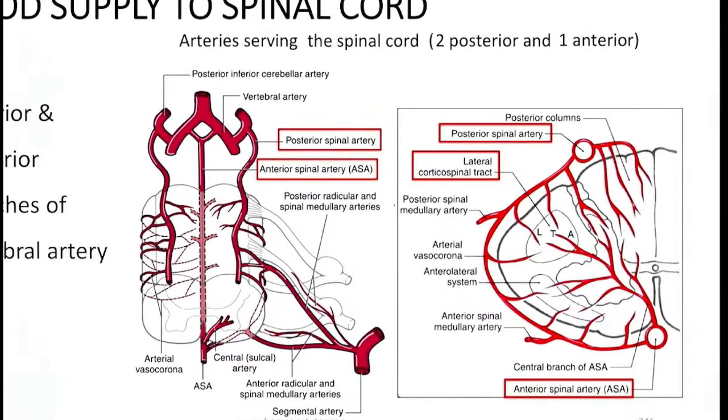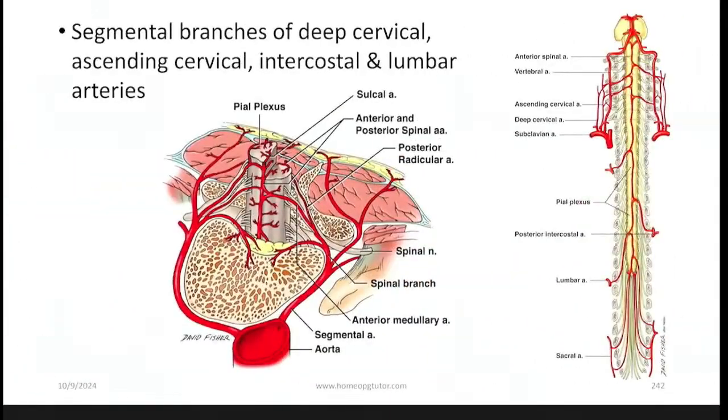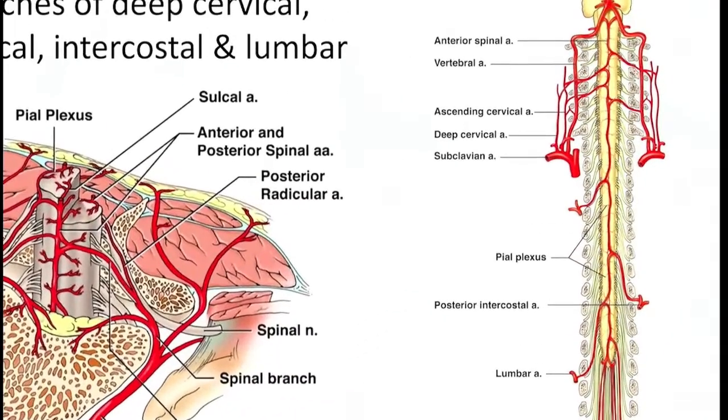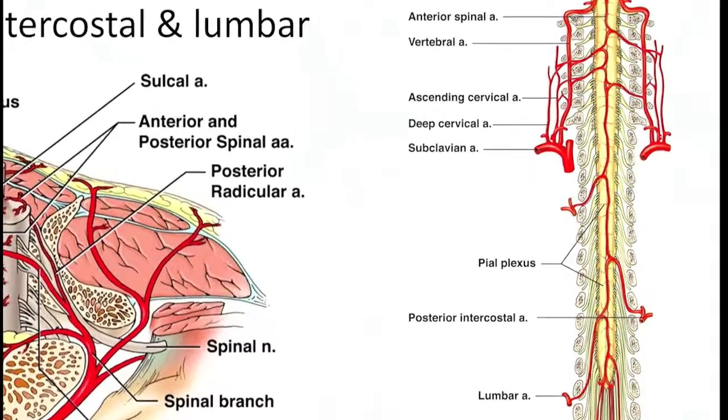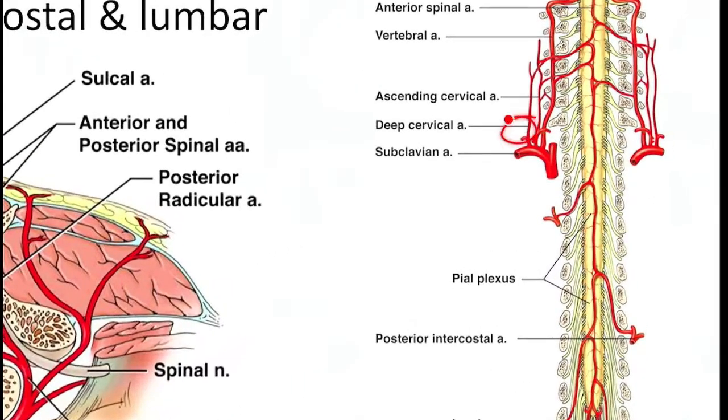Okay. Next, we have one more. Now we have other segmental branches. See, not only the starting part, but the other particular parts also require blood, correct? So let us see. There are segmental branches of the deep cervical artery. We have cervical branch of the deep cervical artery. We have the ascending cervical artery.